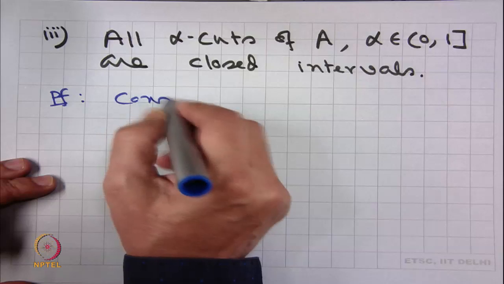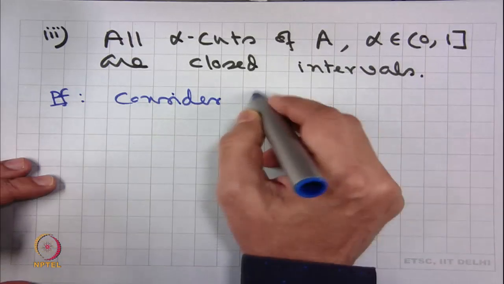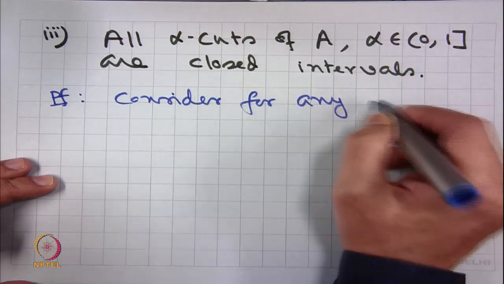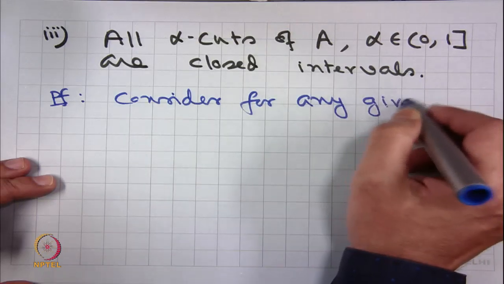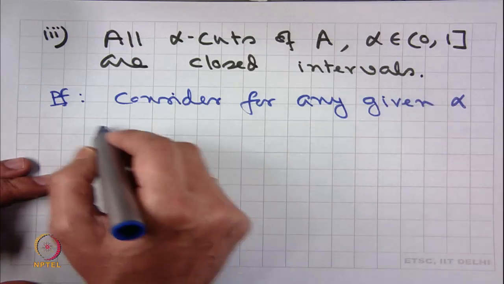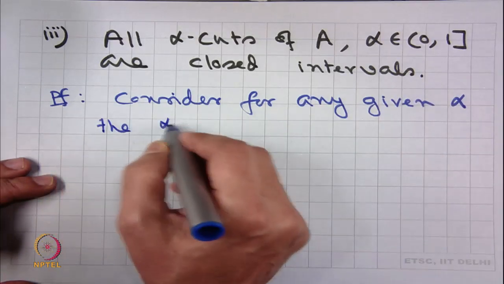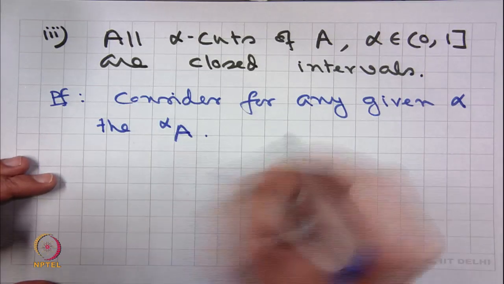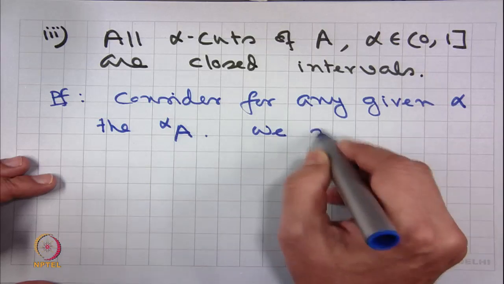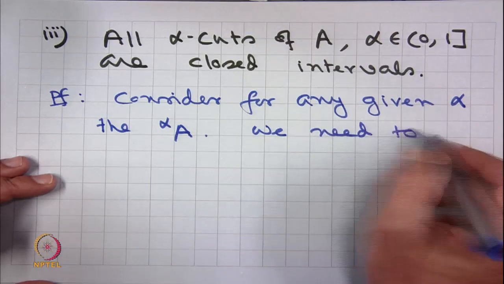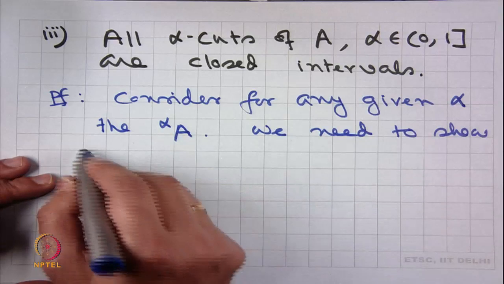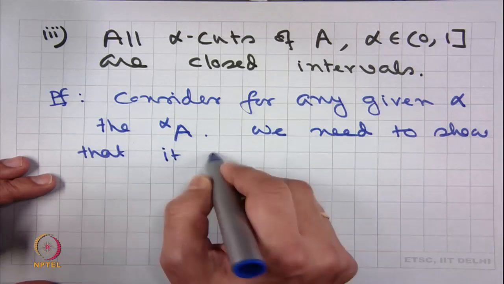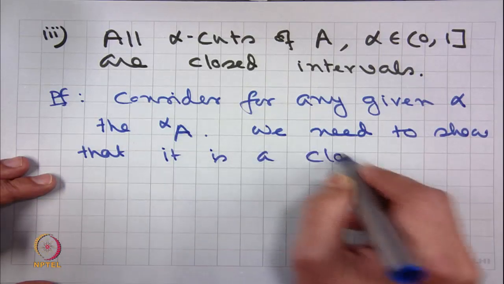Consider for any given alpha the alpha cut of A. We need to show that it is a closed interval.